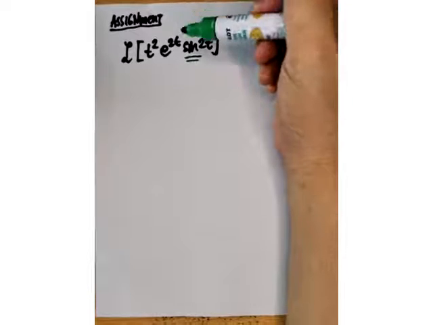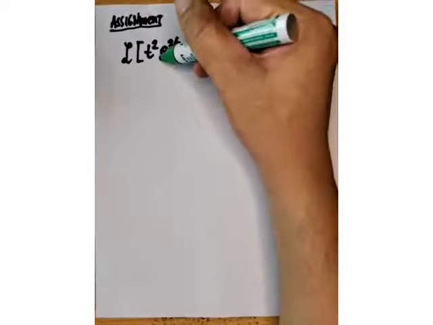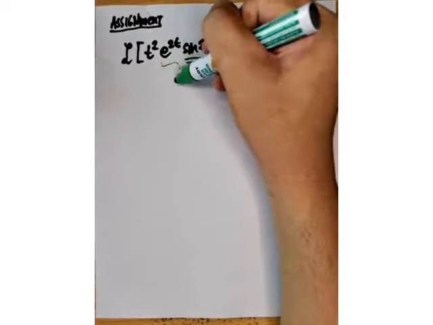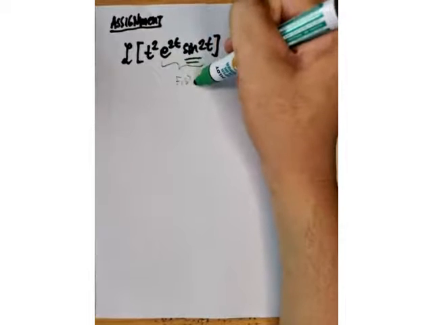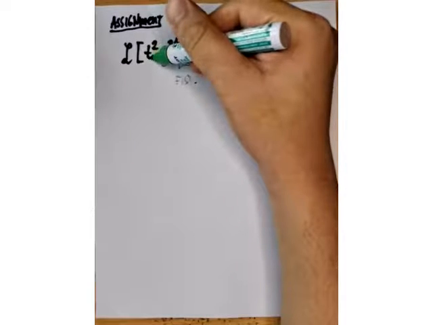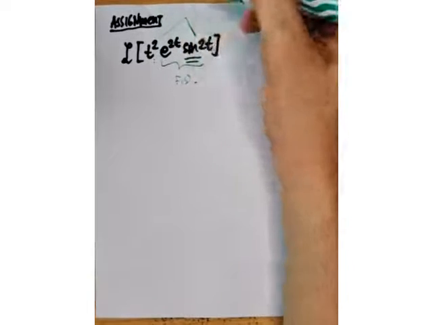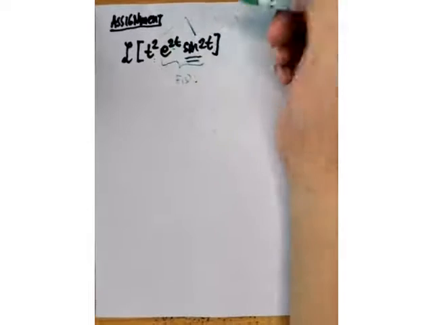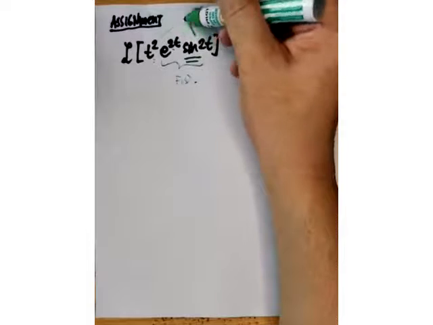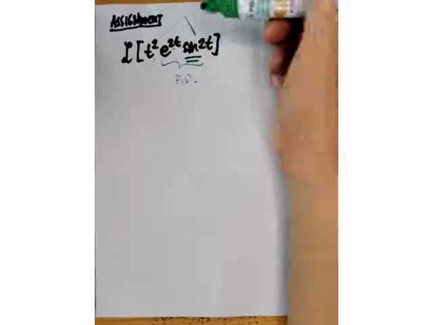So halimbawa, gusto nyo muna is i-evaluate nyo muna to. So kunin nyo muna yung Laplace transform nito. And then i-apply nyo yung multiplication of t. Or ito muna and then shifting nyo siya after. So kunin nyo muna yung Laplace transform nito and then shifting nyo siya.